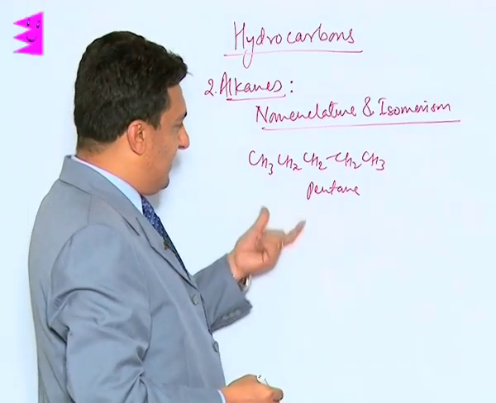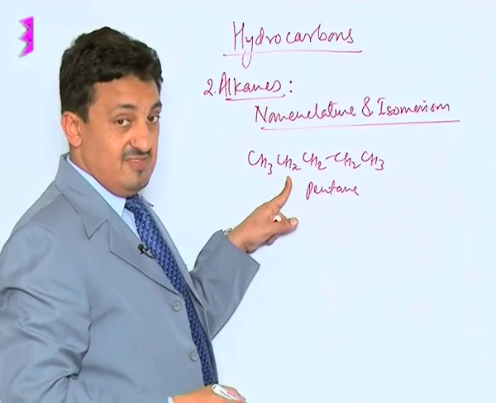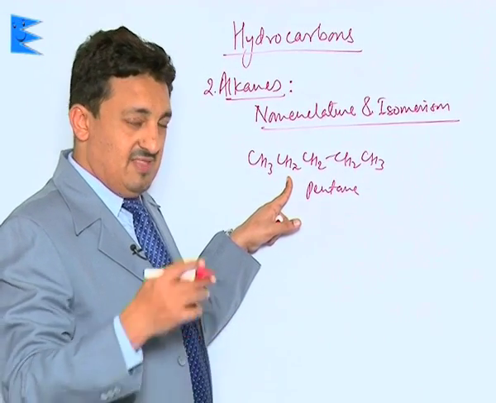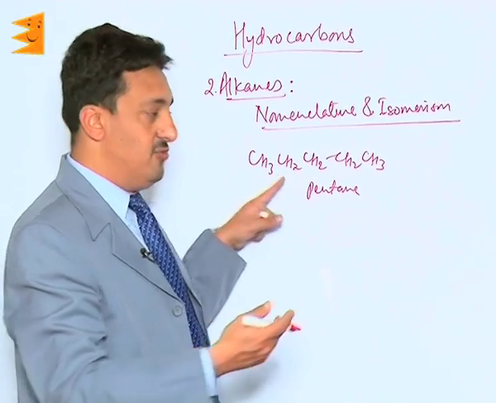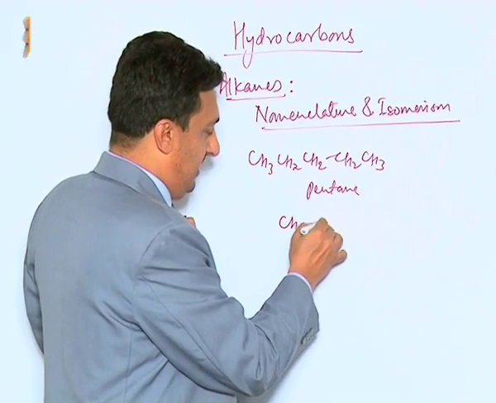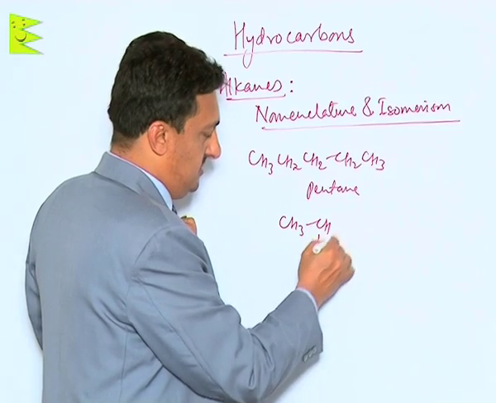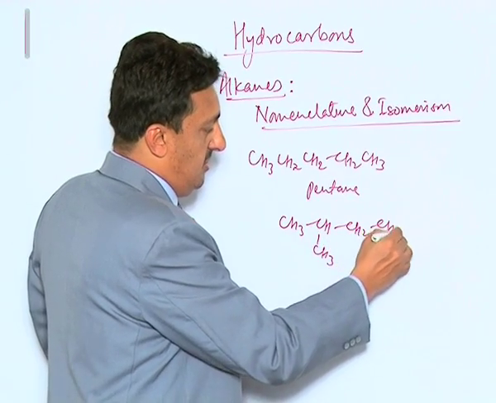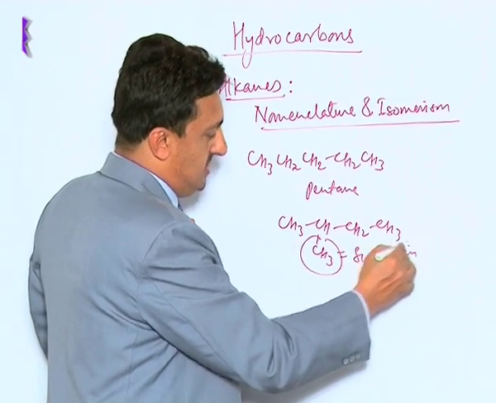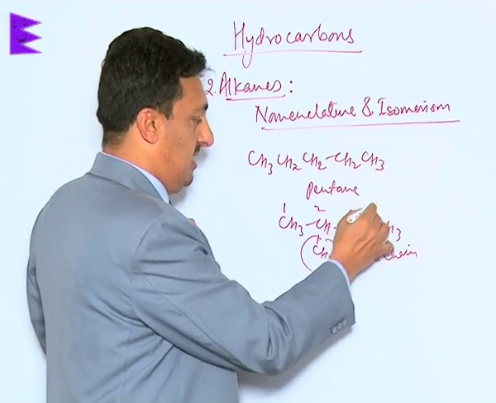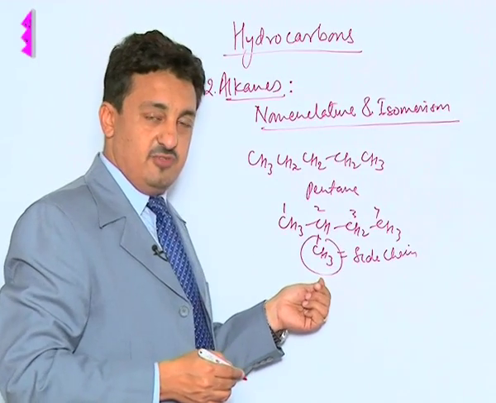If we have any side chain of a carbon on the chain in place of a hydrogen, we call it a substitution group. We can write it like this. Suppose we have this one. So this is called a side chain or branching. We treat it as a side chain or substitution group.